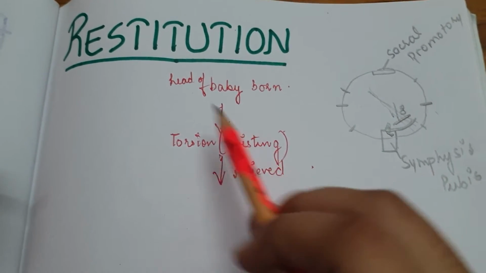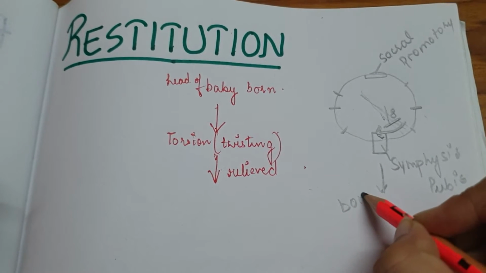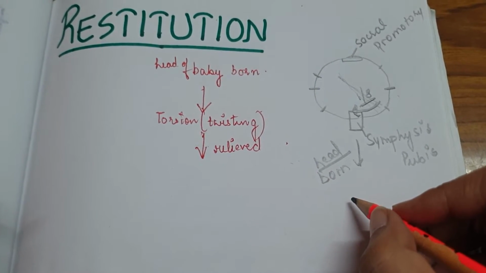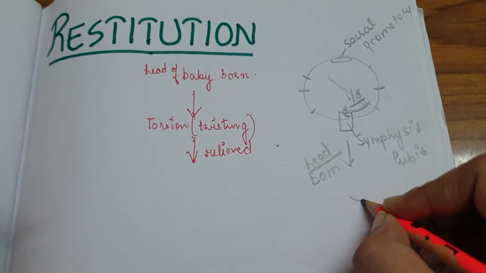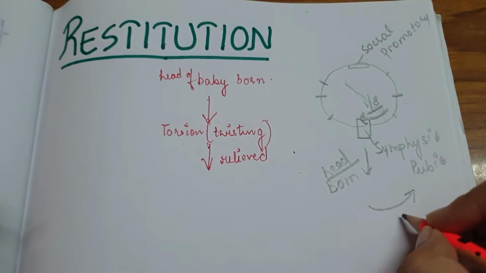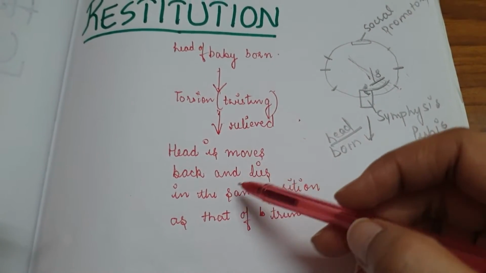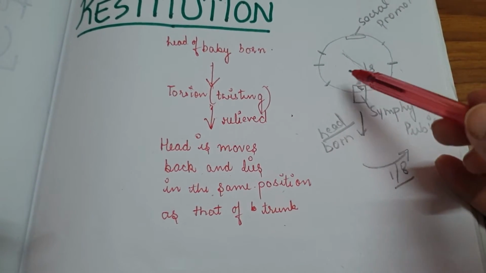So after, when the baby's head is born, then the torsion is relieved. How is the torsion relieved? The head again moves backward by 1/8 of the circle. So the head is moved back and lies in the same position as that of the trunk, or the whole body.